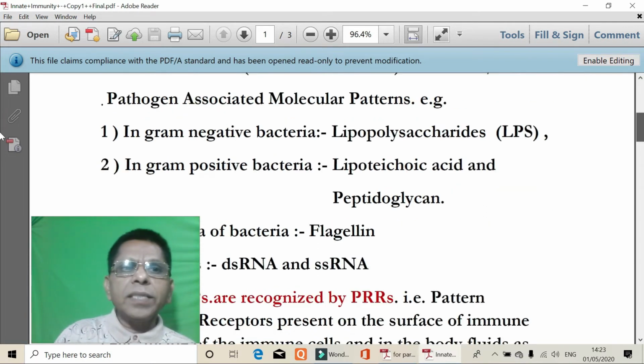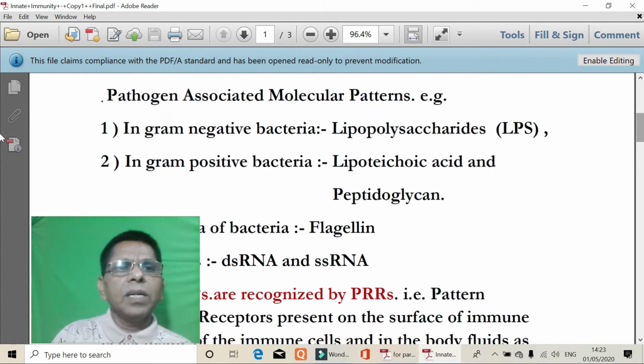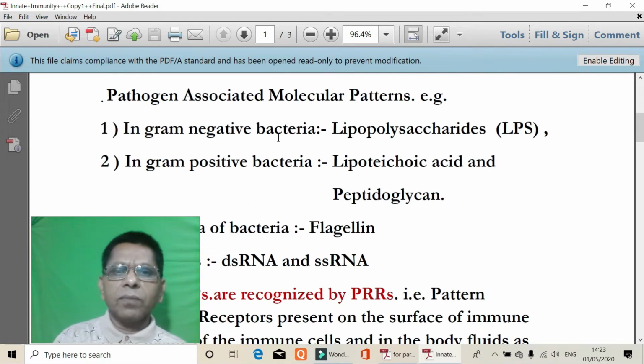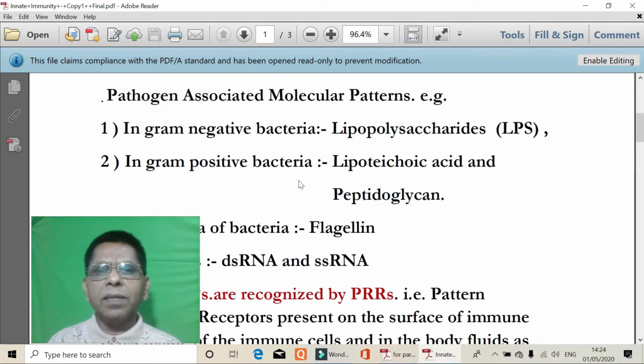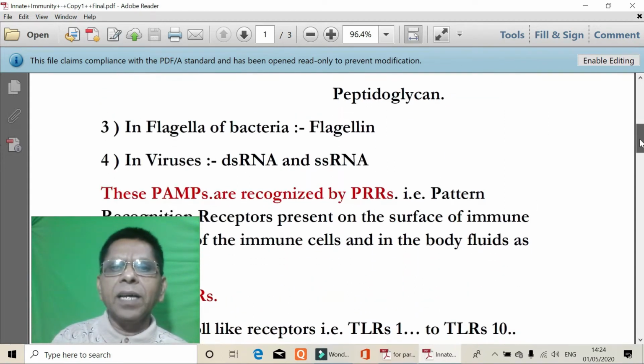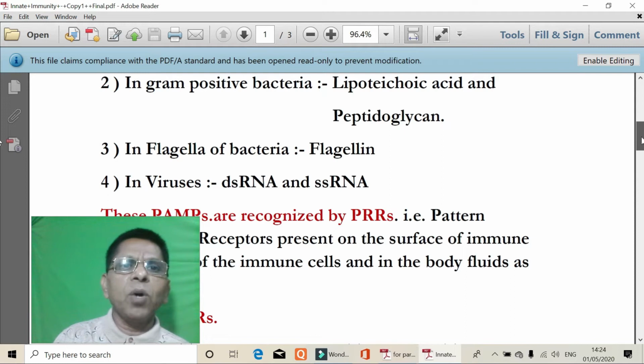So toll-like receptor number 4 is associated with gram-negative bacteria, in that it identifies the lipopolysaccharide which is present in the cell wall. Then toll-like receptor number 2 is associated with gram-positive bacteria. It means that it identifies the peptidoglycan which is present in the cell wall of the gram-positive bacteria.